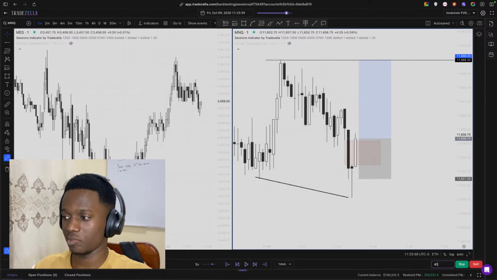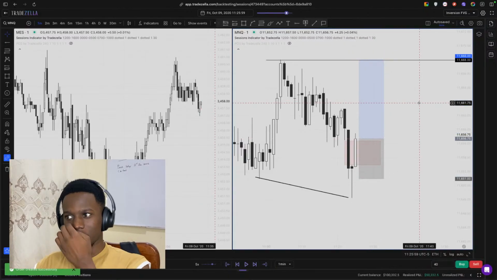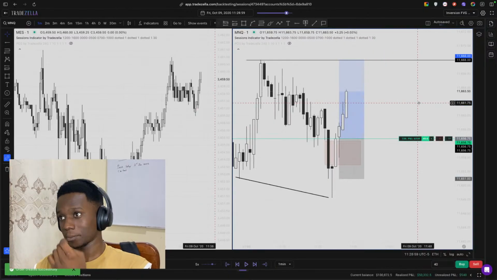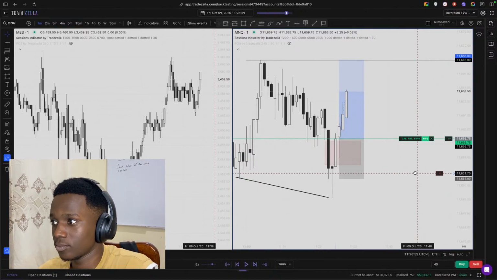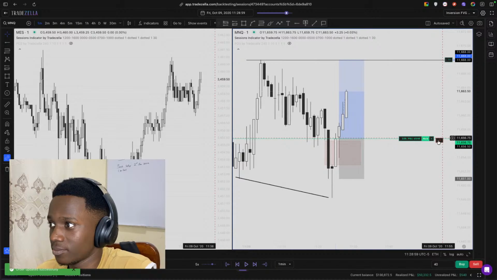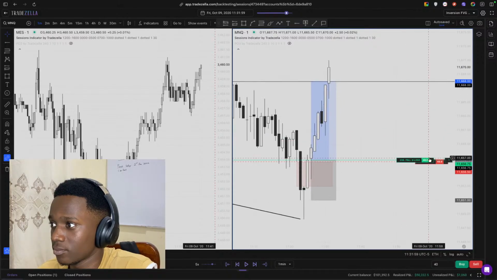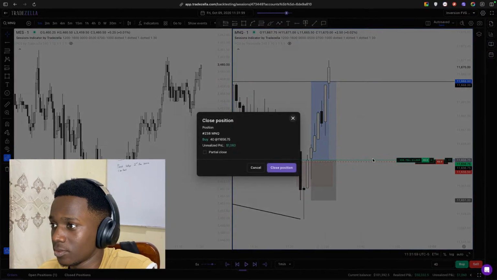Wow, 40 micros. I think it's because price is really slow on this day. Take profit at this high. Close the position.